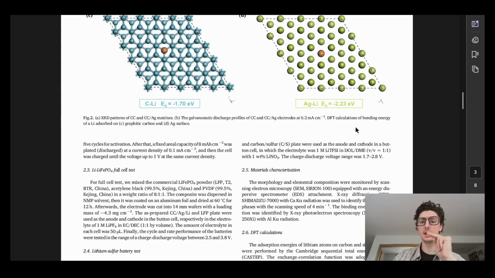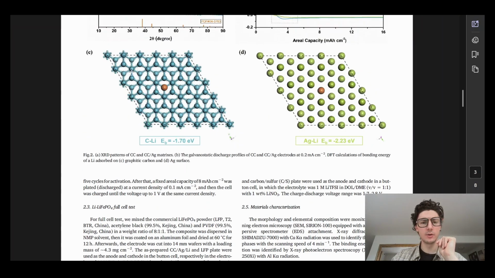What's important to me is these DFT calculations of bonding energy of a lithium adsorbed on C, graphitic carbon, and D, silver surface. So this over here is like carbon, right? Some kind of carbon structure. That C is all these blue dots are the carbon, and this little red dot in the middle is the lithium. So we can see E subscript B, the binding energy, is negative 1.7 electron volts.